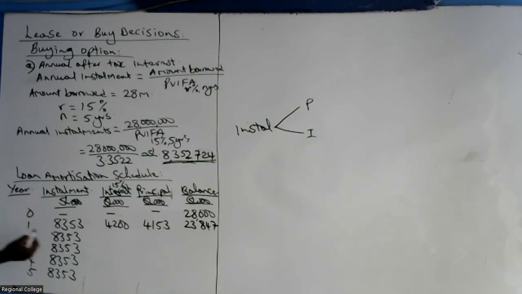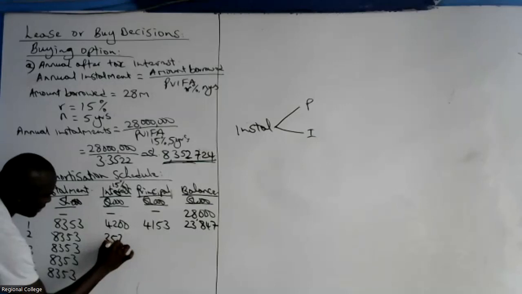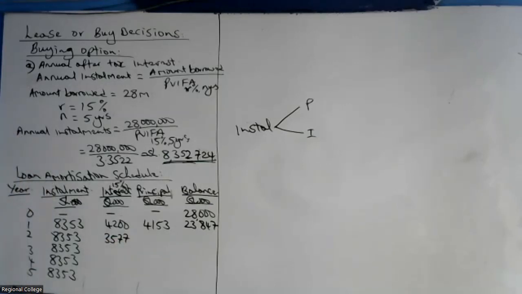Then in the second year, I pay an installment of 83.53. How much is my interest? Don't forget, interest is always charged on the loan balance. So 15% of your answer? 3,577. Principal equals how much?